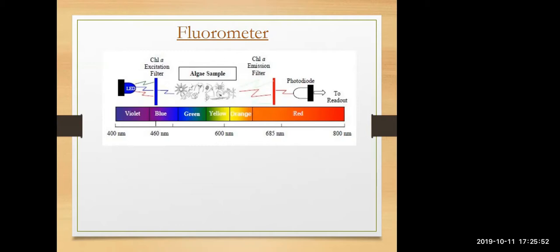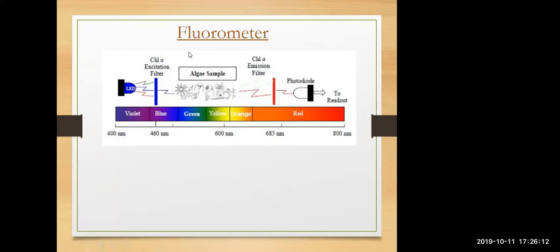Fluorescence by chlorophyll-a, as I previously told you, is in the red of the electromagnetic spectrum, and this fluorescence is excited by blue light.